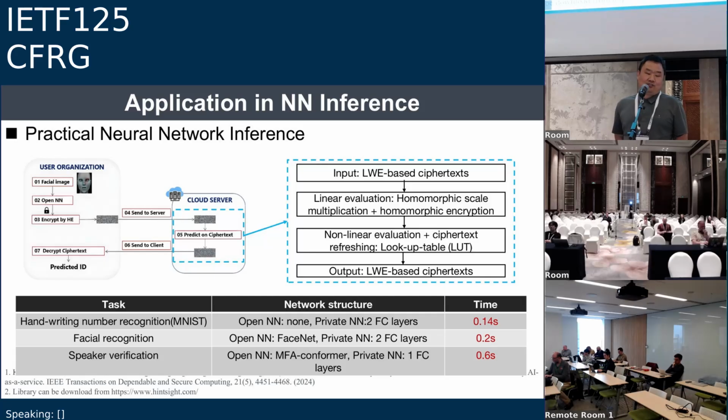And finally, I want to introduce an example of the application in neural network inference. For example, in facial recognition and speaker verification, in these scenarios we only need very simple neural networks. And the performance currently only takes about 0.2 or 0.6 seconds for these light neural networks.